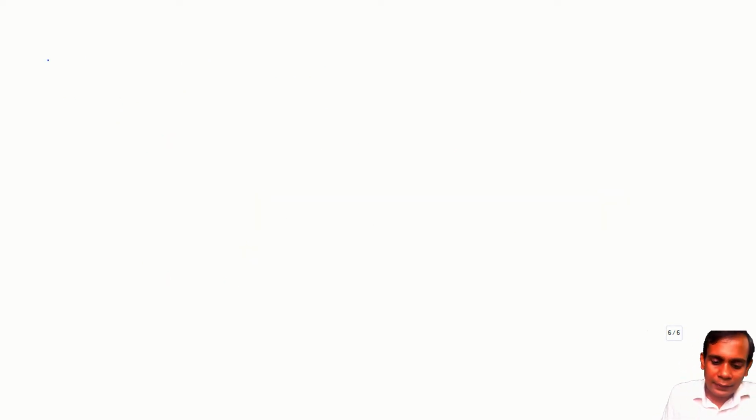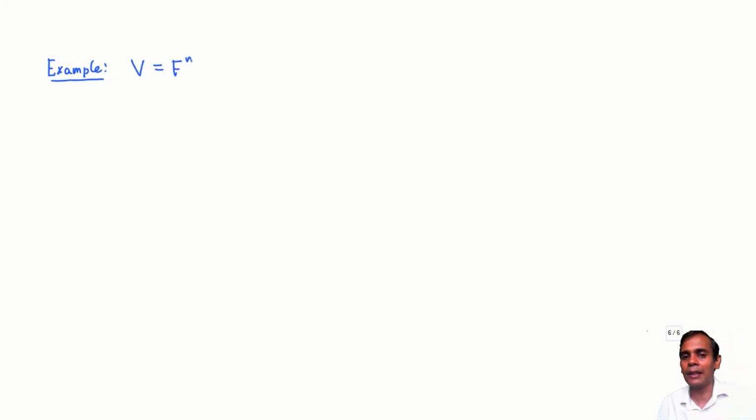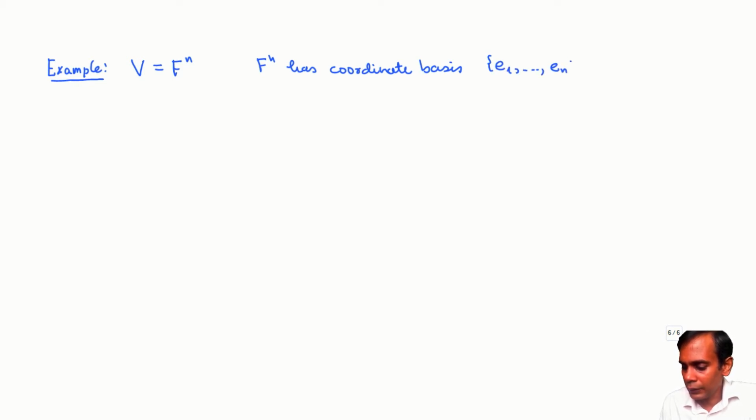Now let's look at the more general example, which is basically also the most general example for finite dimensional vector spaces. Every finite dimensional vector space is isomorphic to F to the n for some n. So let's just take V to be F to the n. So then this has coordinate basis, let's call it e1, e2, up to en.